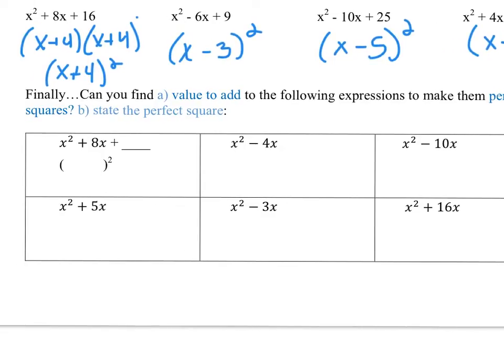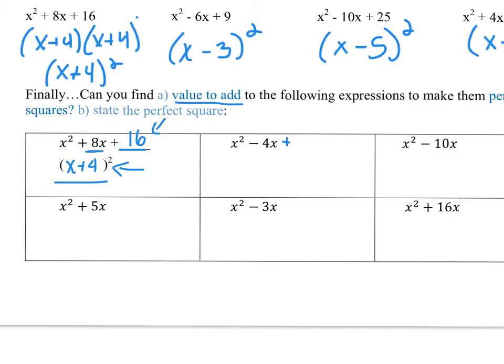If we take 8 and divide it by 2, that's the perfect square that we're going to be using. But what number would that have to be if the answer was x plus 4 squared? Okay, so that's what I'm looking for. The value to add to the following expressions is that 16, and the actual perfect square is x plus 4 squared. So let me just do one more before you pause it.